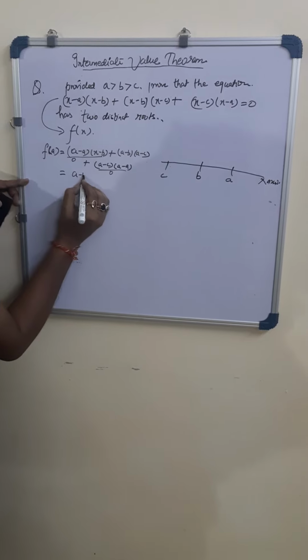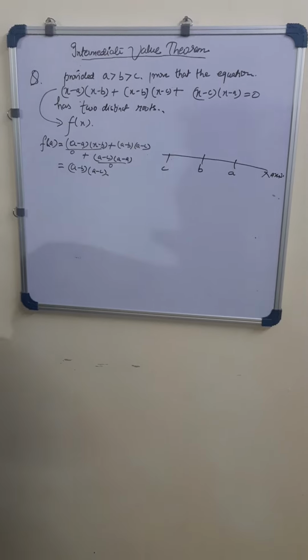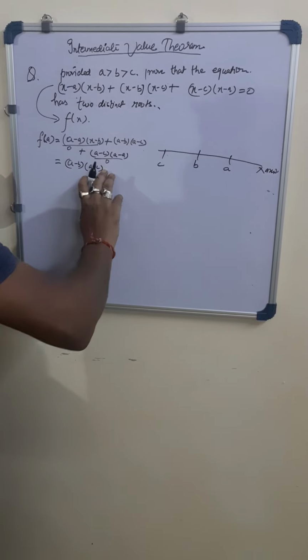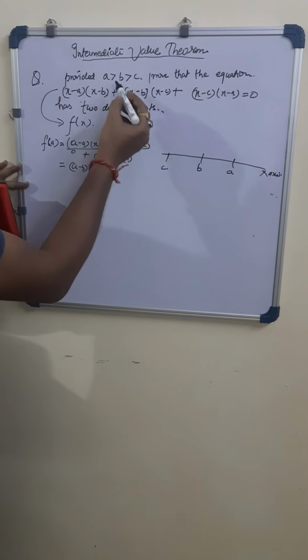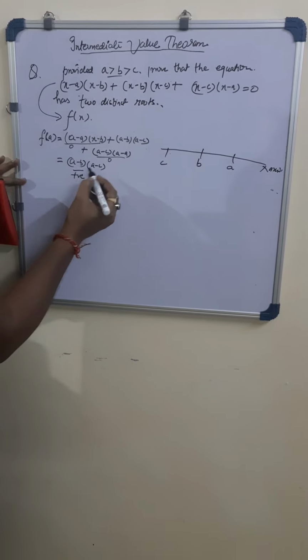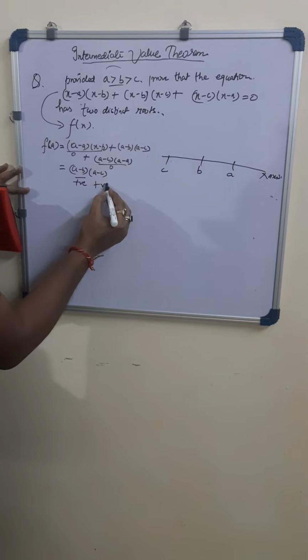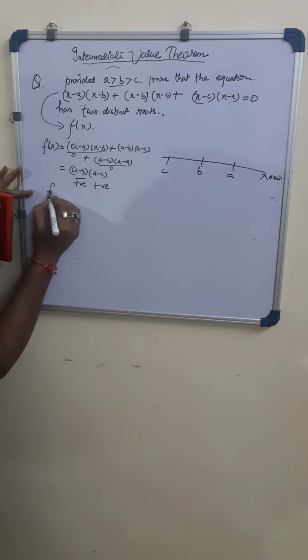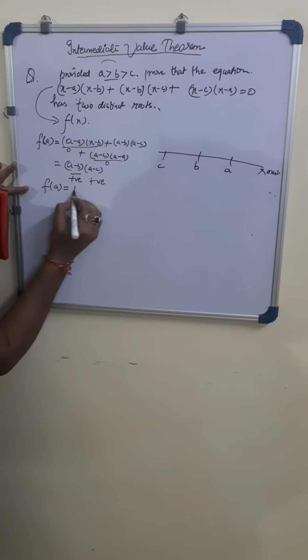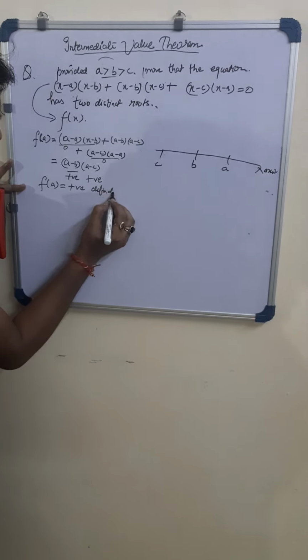So here a minus b and a minus c, we are left with this part only. Since a is greater than b, this has to be positive, and since a is greater than c, this is also positive. Hence f(a) is a positive number, which we can definitely say.